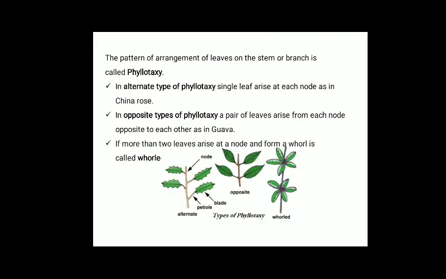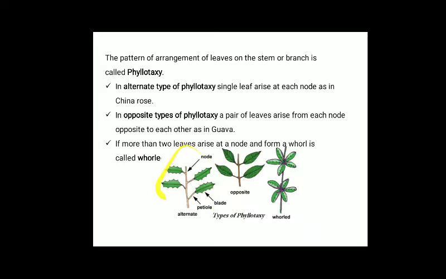Then we move on with phyllotaxy. It is the pattern of arrangement of leaves on the stem or branches. Here we have three types of phyllotaxy. Alternate phyllotaxy, in which a single leaf arises at each node, as in the case of hibiscus, that is China rose.